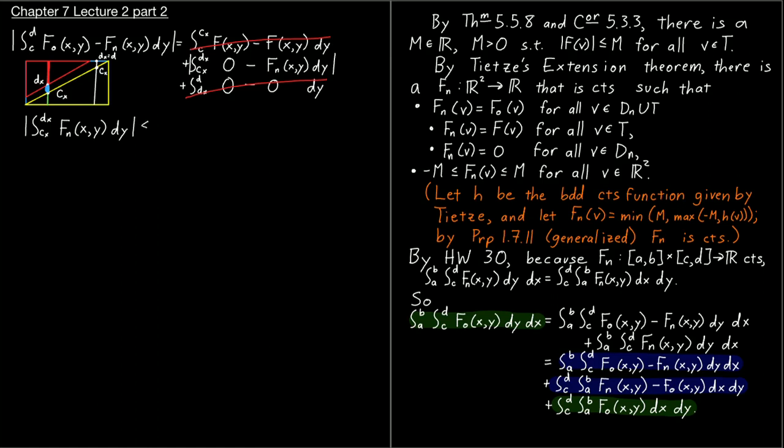By Proposition 3.1.10, that's at most d sub x minus c sub x, and then the supremum of the absolute value of fn. Then if you work out what d sub x minus c sub x is, it comes out to d minus c over n, or maybe less. It'll be less if you're up here. And then the supremum of fn is, of course, M.